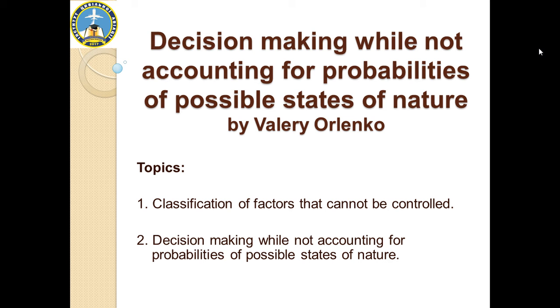So today we're going to consider this topic, decision making while not accounting for probabilities of possible states of nature. So we'll consider some factors that cannot be controlled and how to make decisions while we don't account for the probabilities of different possible states of nature.